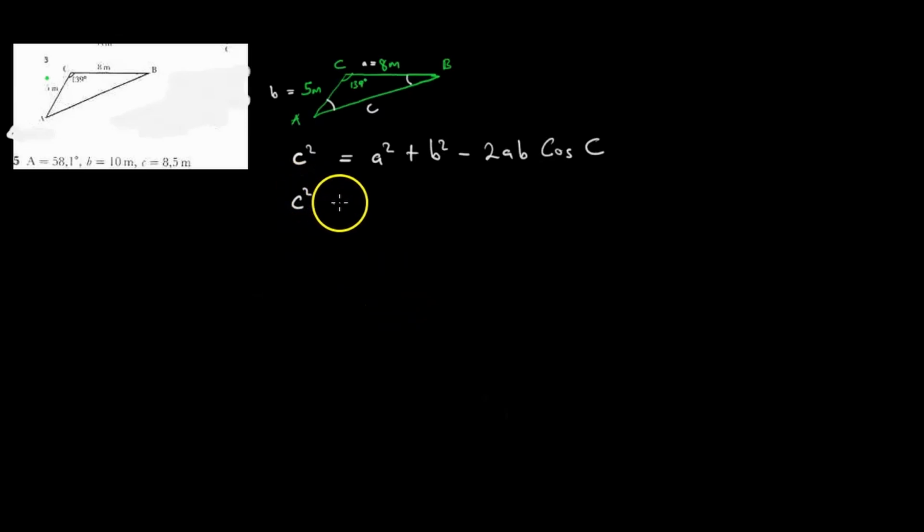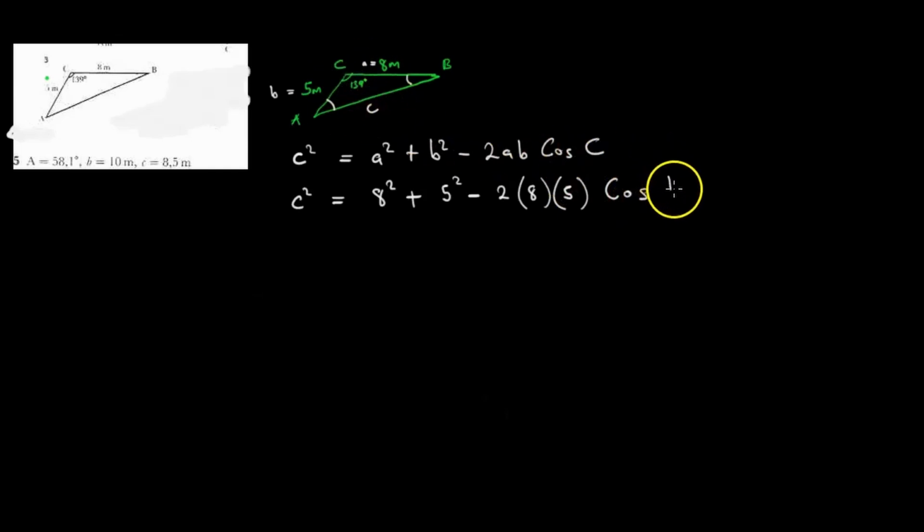C squared is equal to, what is a? A is 8. So we have 8 squared plus b is 5, 5 squared minus 2 multiplying, what is a? 8, and b is 5, cos of, what is C? C is this internal angle, 139 degrees. So we start by simplifying the right hand side, then we equate to the left hand side.